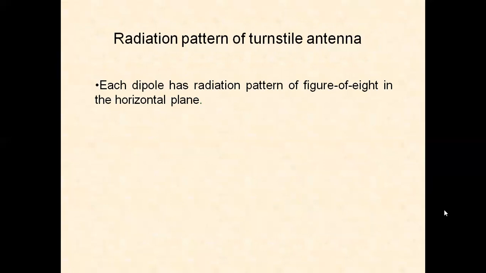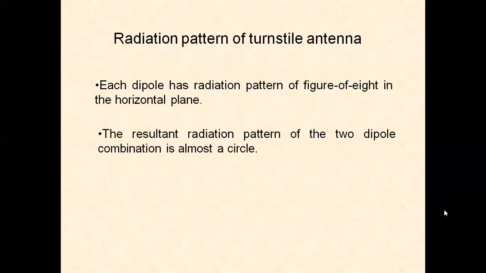Each dipole has a radiation pattern of figure of 8 in the horizontal plane. The resultant radiation pattern of the two dipole combination is almost a circle. So we are getting a circular type of radiation pattern. One is figure of 8 horizontally, the other one is figure of 8 vertically.